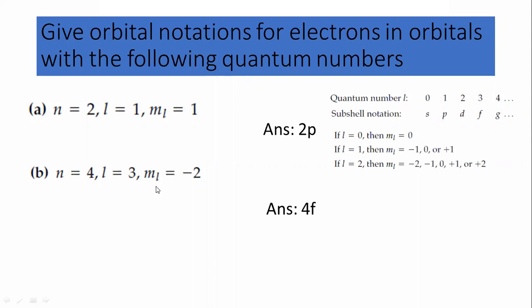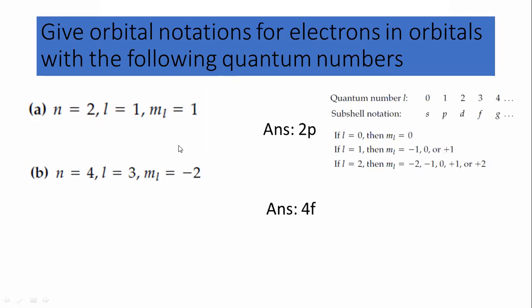This quantum number, the M quantum number, gives you the spatial orientation, how it is going to be oriented. So these are the 5 different orientations: -2, -1, 0, +1, +2, and -2 is given. That means it is in this range. One of the orientations is -2, so it is okay. There is no need to write the orientation here.